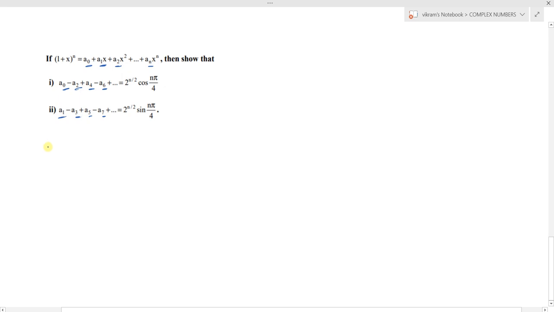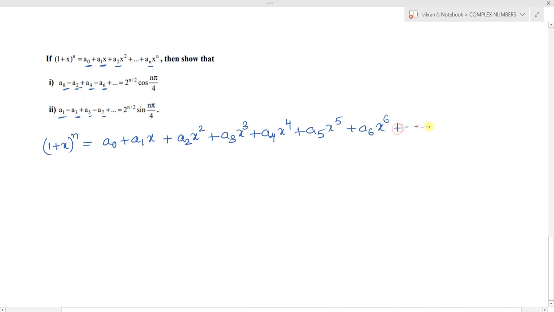The series he has given is (1 plus x) whole power n equals a0 plus a1 x plus a2 x square plus a3 x cube plus a4 x power 4 plus a5 x power 5 plus a6 x power 6 and so on, finally up to plus an x power n.